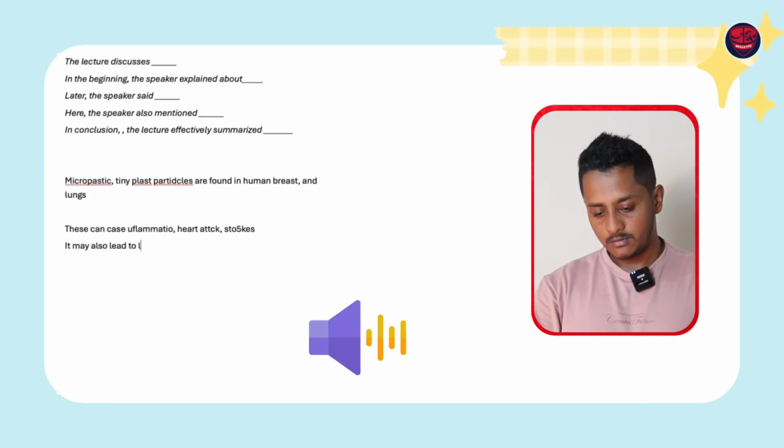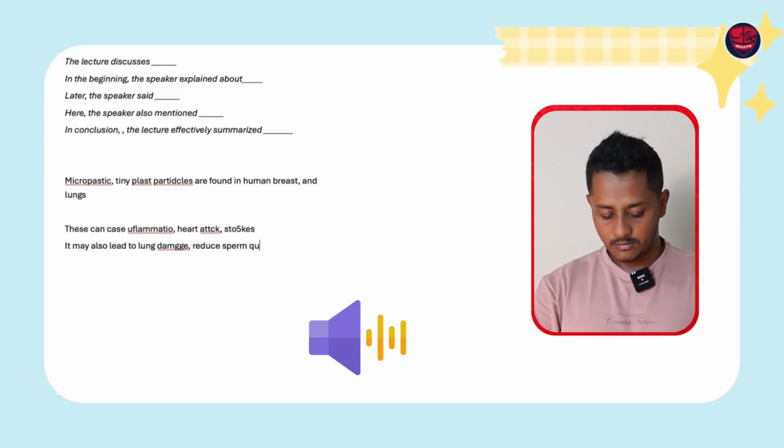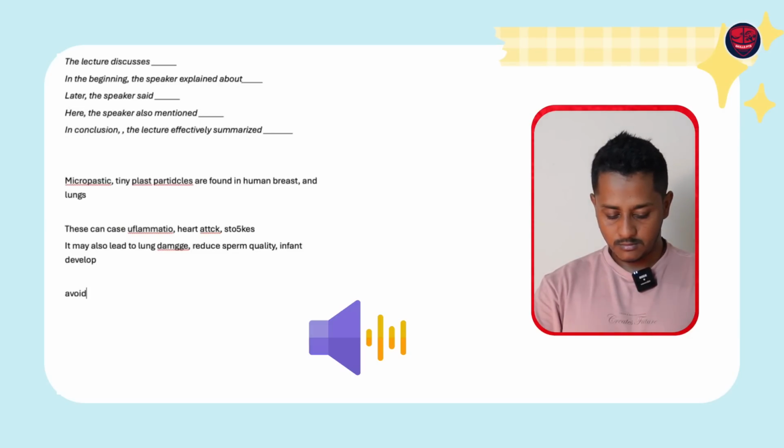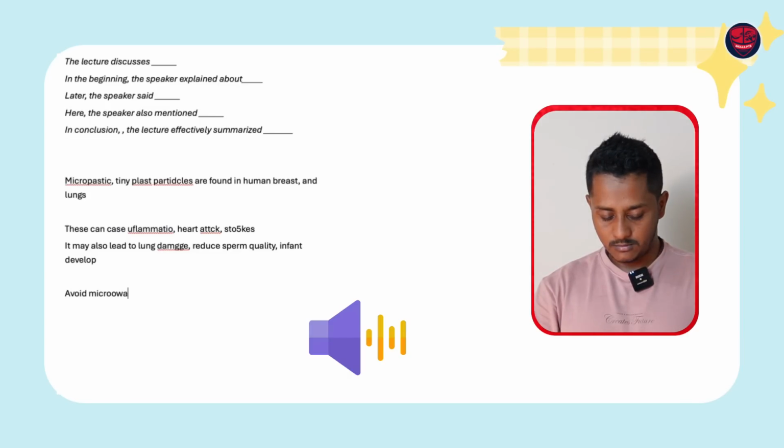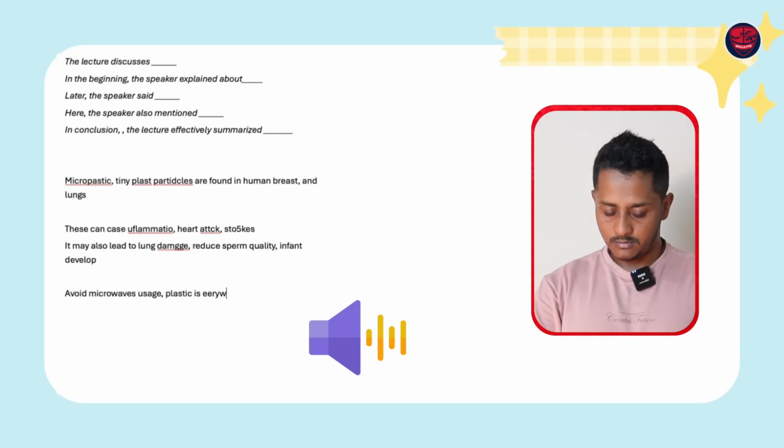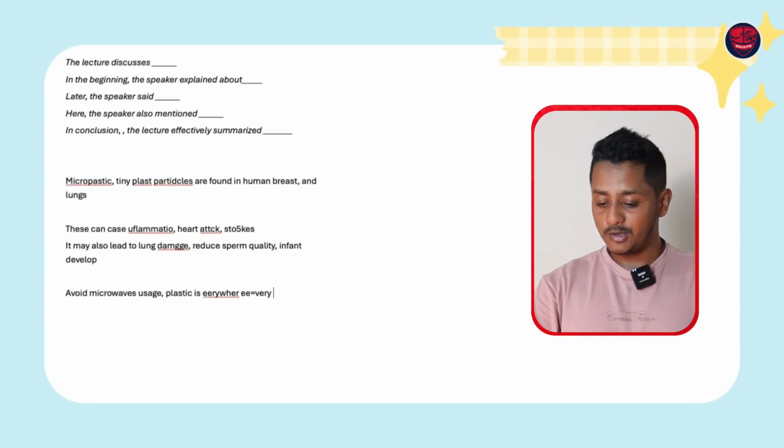Some research links microplastic exposure to reduced sperm quality and possible effects on infant development. How can we reduce the risk? Avoid microwaving food in plastic containers. Use glass or metal for storage. Skip products with microbeads. Plastic is everywhere, but every small change helps. Protect your health, one choice at a time. Every small change works, one step at a time.